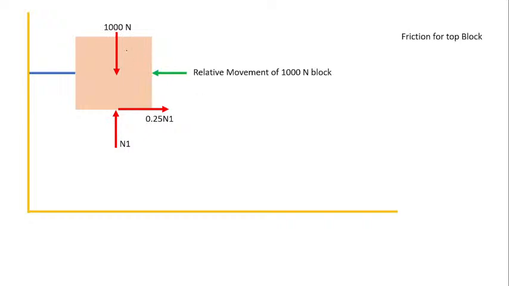Now consider the free body diagram. It will be 1000 Newton acting at the center and tension in the string T. Consider resolution of forces vertically. Summation Fy equal to 0. Upward forces equal downward forces, that is N1 equals 1000 newtons.